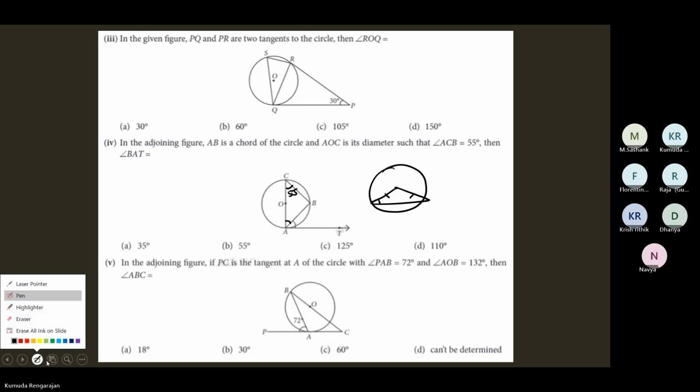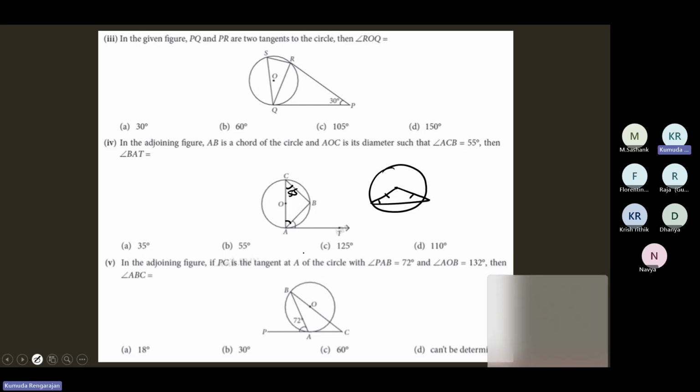Only if the triangle is made up of two radii like this, that is, only if in the triangle two sides are the radii, then this angle will be equal to this angle.